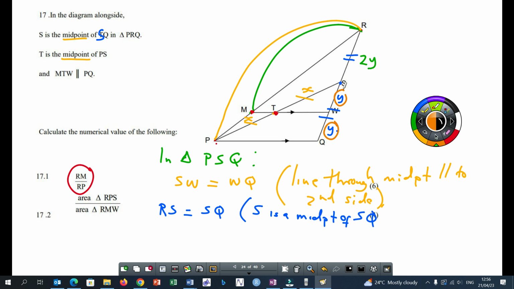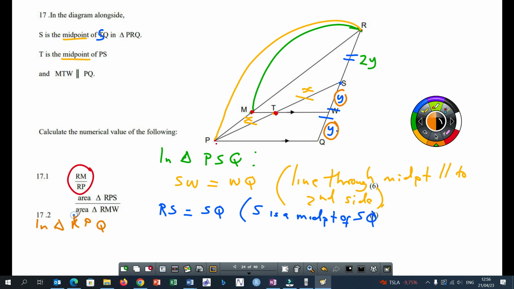So to get this ratio, Rm is going to be equivalent to Rw, and Rp is going to be corresponding to Rq. I'm almost done.